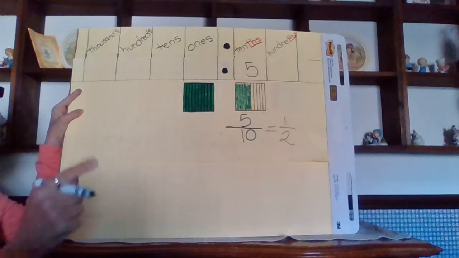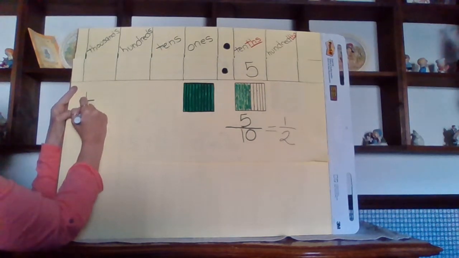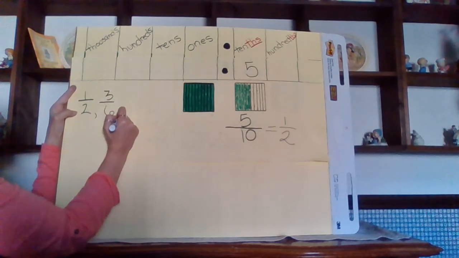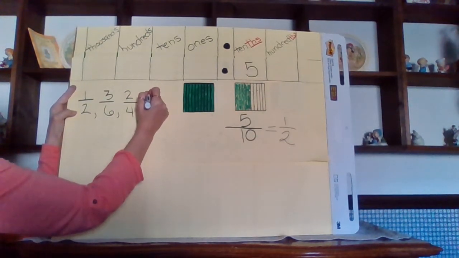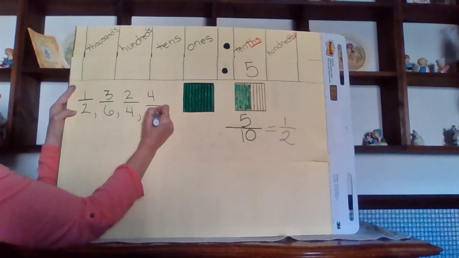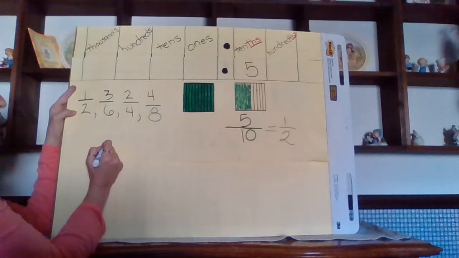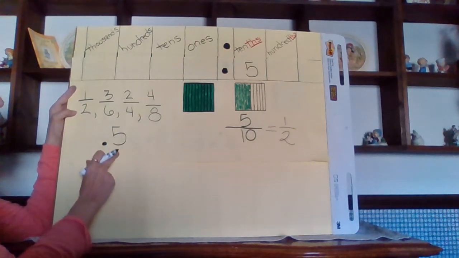Now, let's expand this even further. That means that all of my 1/2 fractions can be written as the same decimal number. And that decimal number is 0.5 or 5/10.